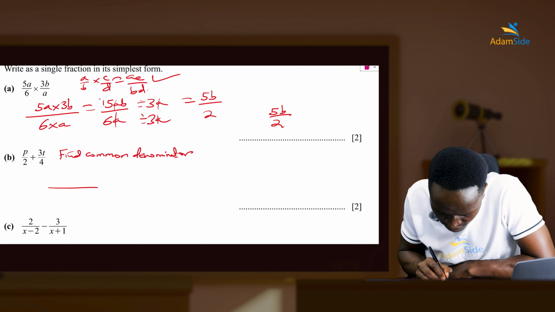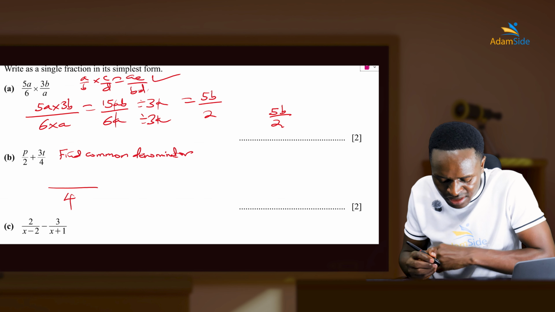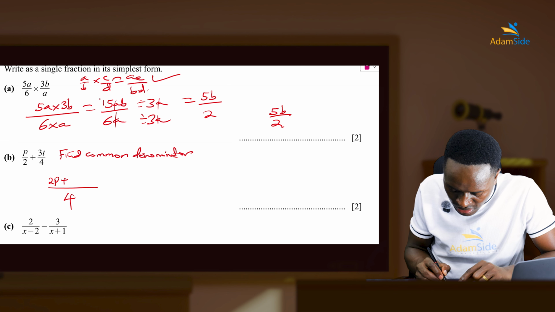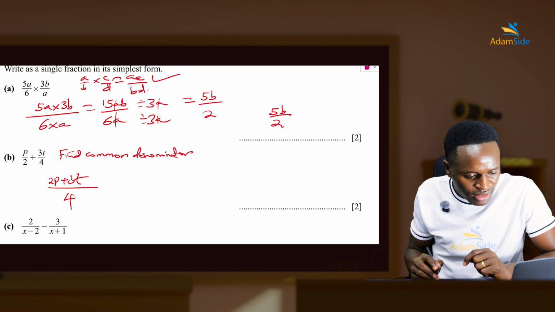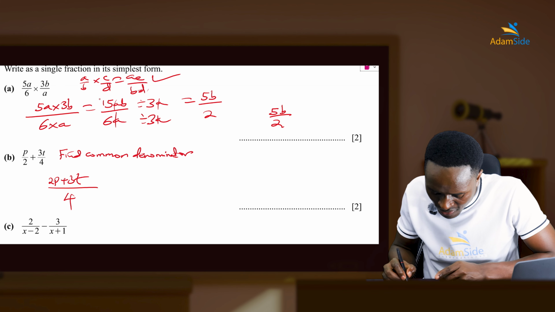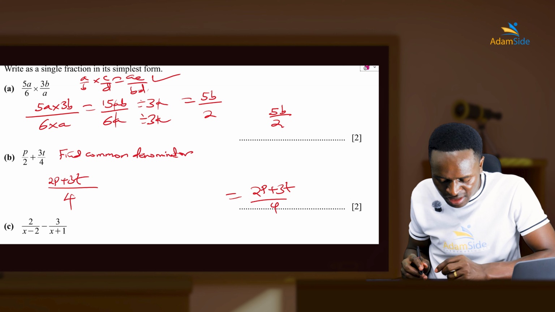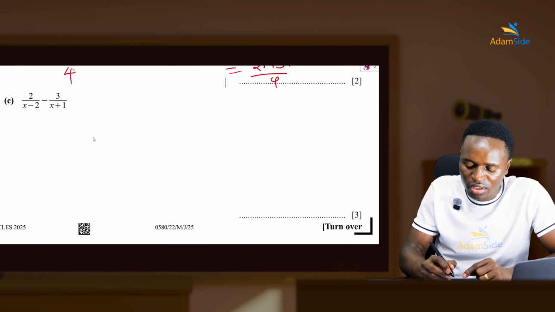So 4 divided by 2 is 2, so 2 times p, you get 2p plus 3t. That becomes our answer: 2p plus 3t over 4. That's the fraction.